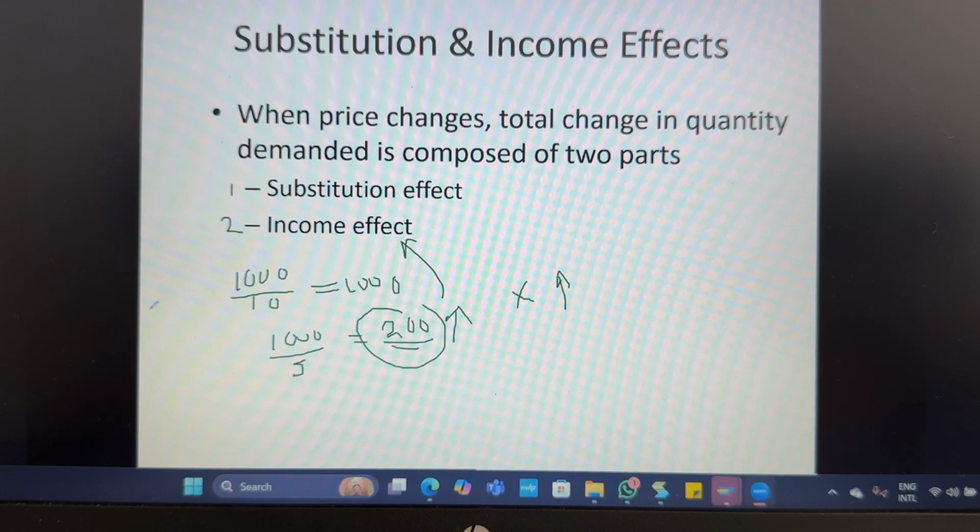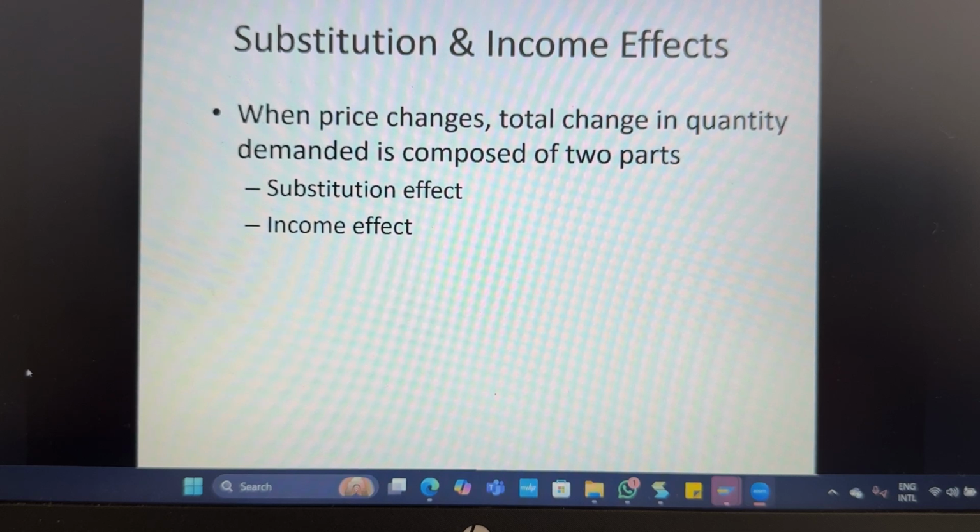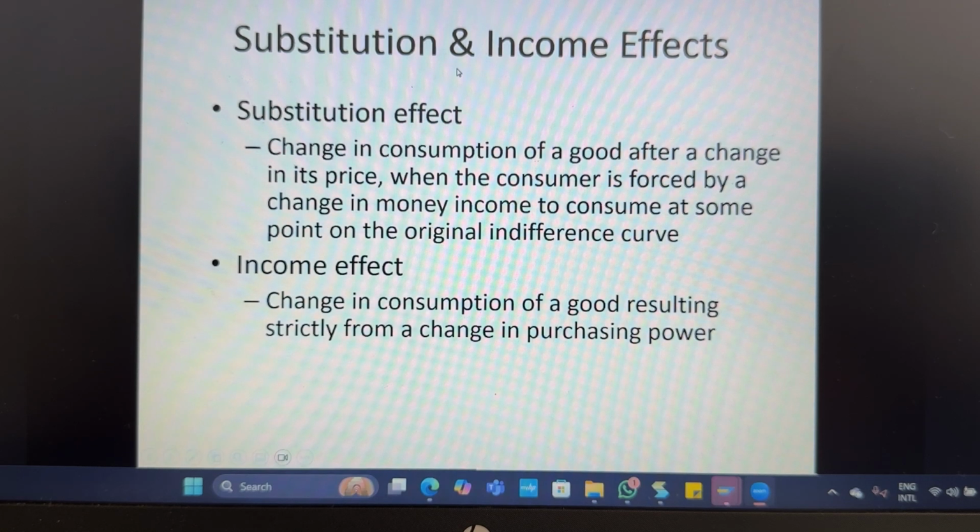I think it is clear to you. If anybody is still in doubt, you can ask me. You can clear the doubt now. I gave some briefings as well, so the substitution effect and the income effect, you can read those two.